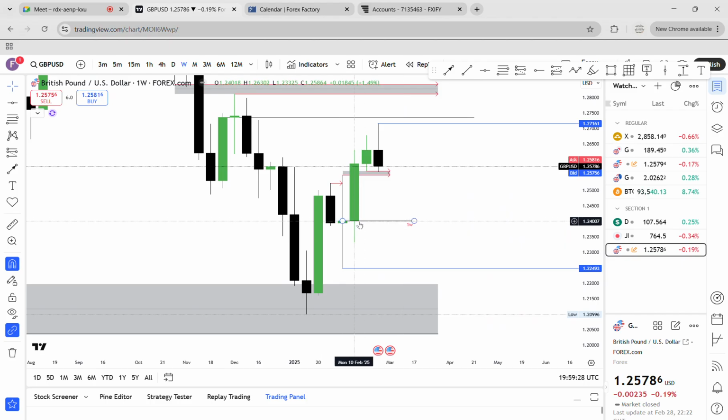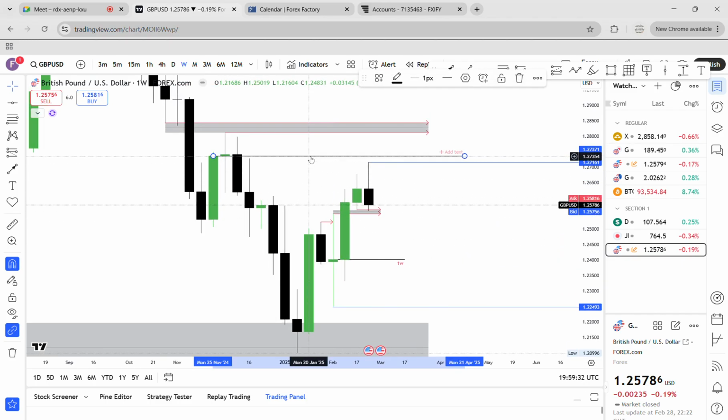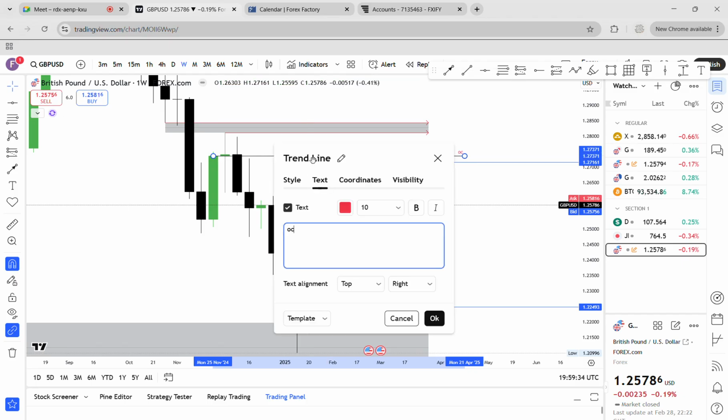We have a level here, 1 week, and we have this OC, 1 month open close level, top right.